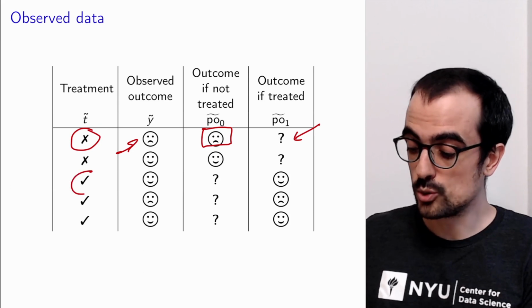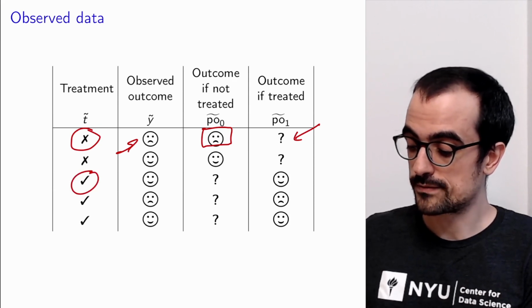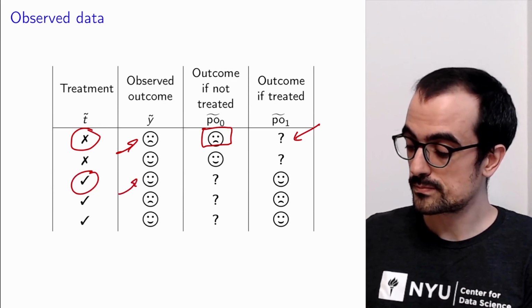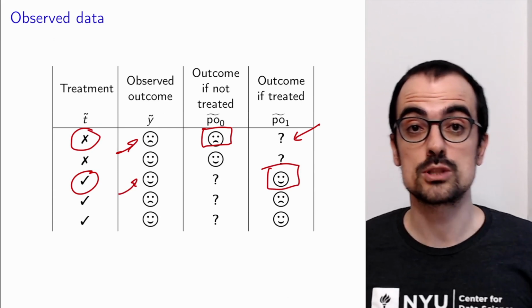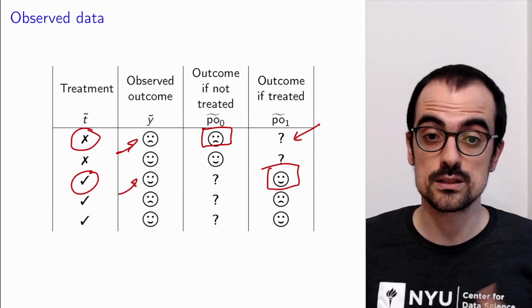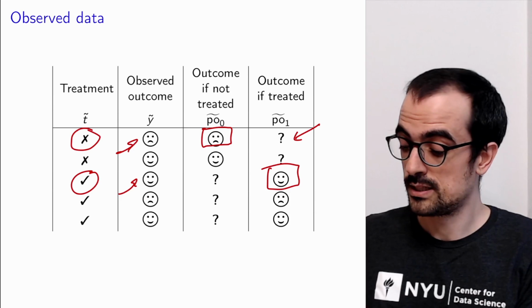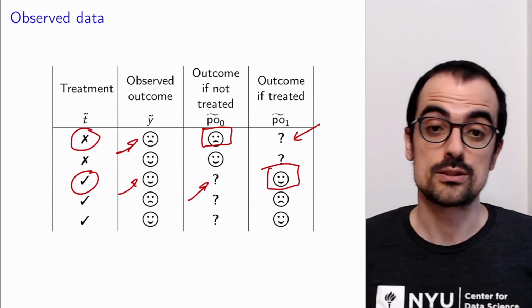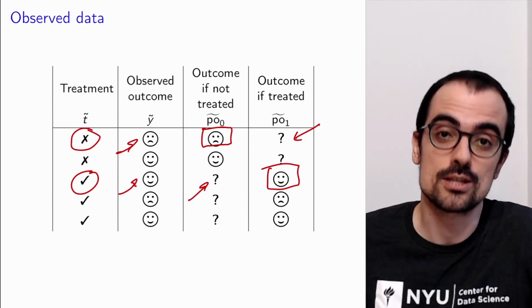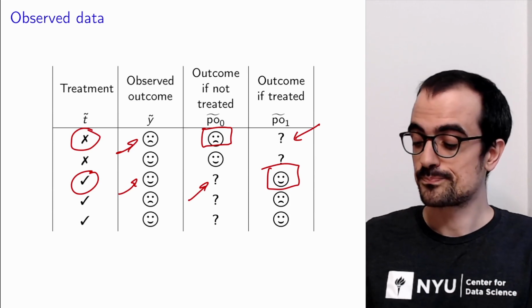Similarly, when they do receive the drug, the observed outcome corresponds to the potential outcome associated to receiving treatment, but we do not see the potential outcome associated to not receiving treatment because that person received the treatment.